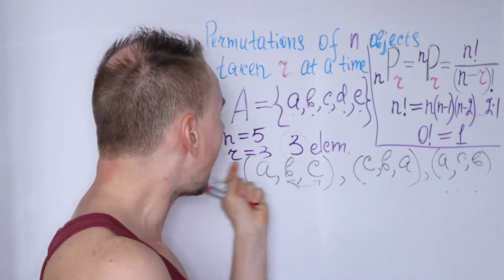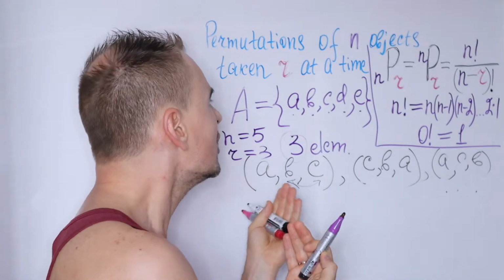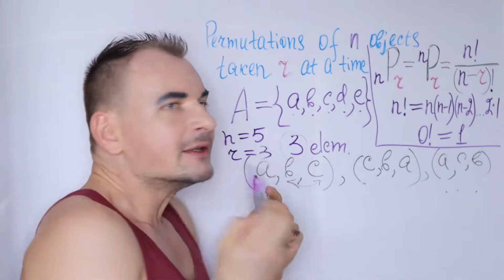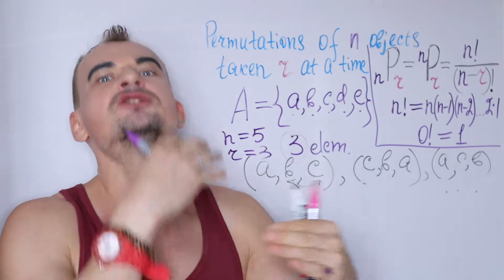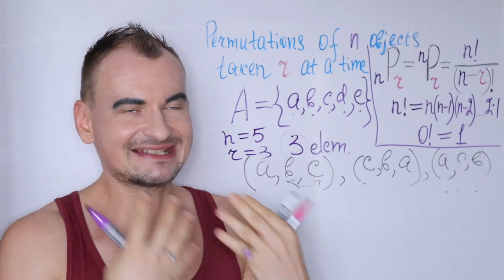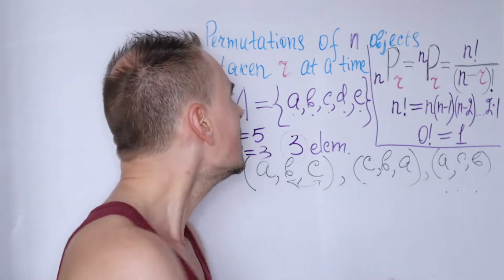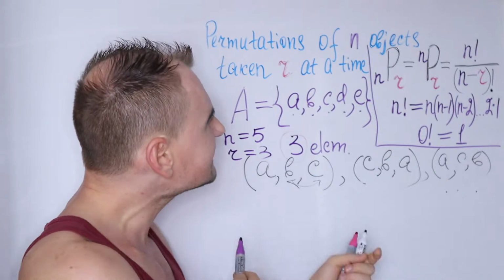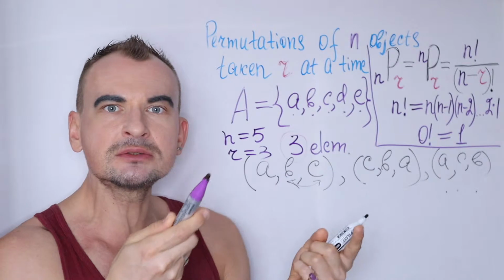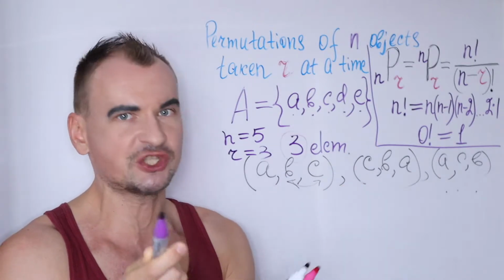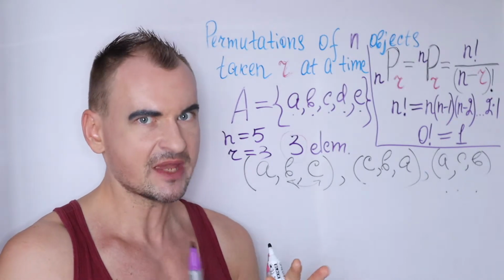For example, if r equals 2, if I pick any 2 elements, it's not really subsets in terms of set theory, but kind of a sequence or list of elements, if you will. So it could be A, B; B, C; D, E; B, A, whatever. Any 2 in any order, you change the order, and you come up with different permutations.